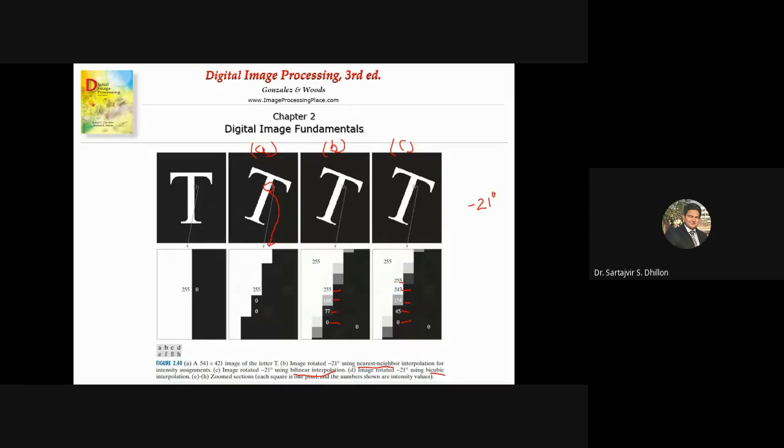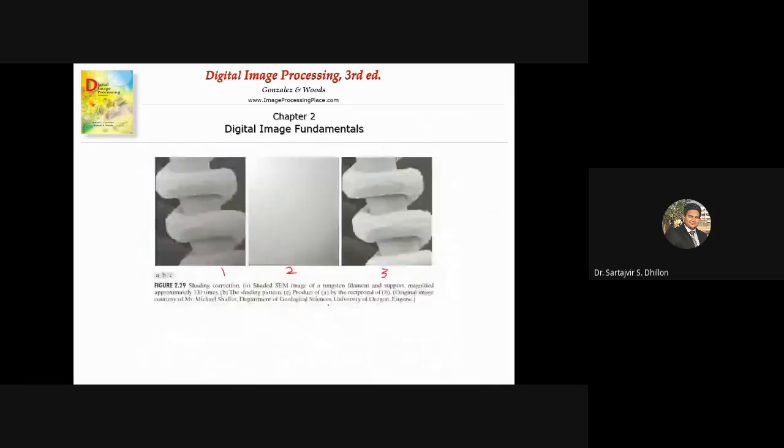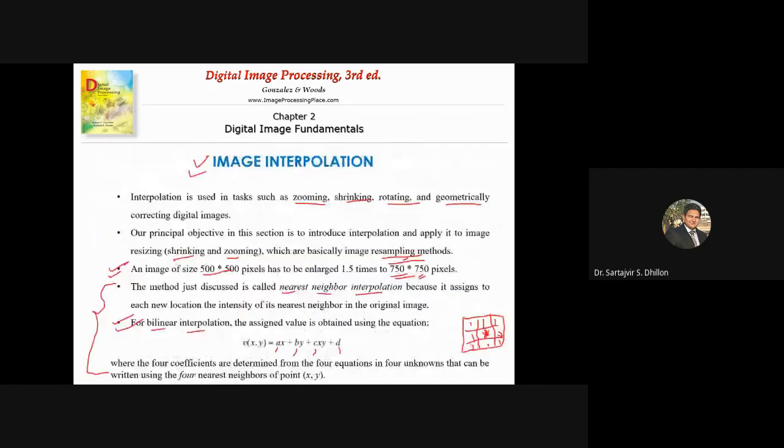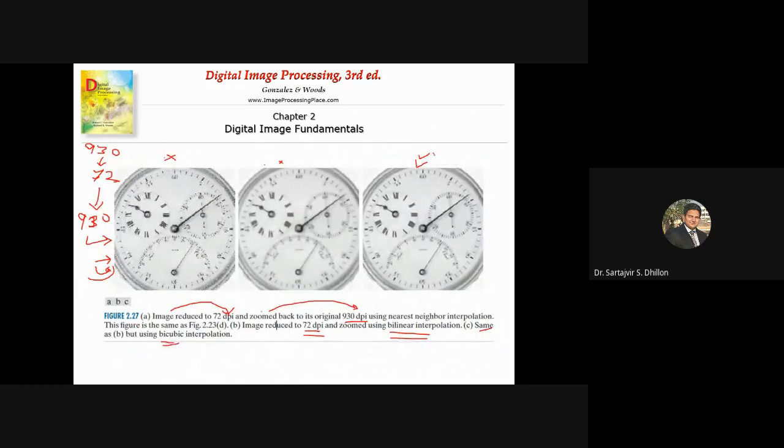As we have observed previously, bicubic gives better results as compared to the nearest neighbor interpolation and the bilinear interpolation.